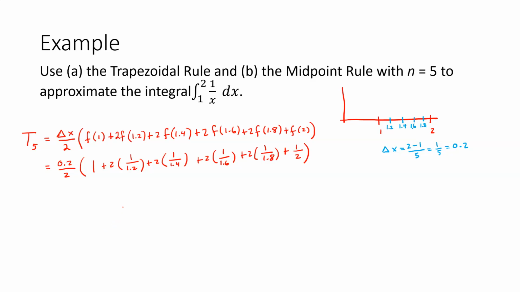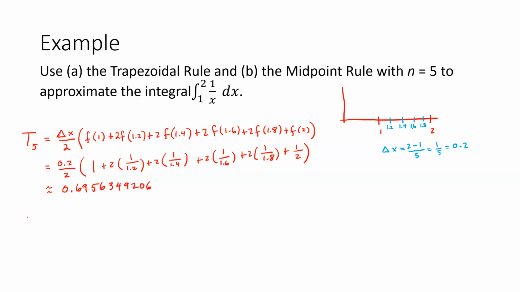Okay. So now it's in a form where we can just evaluate it in our calculator to get an approximate value. So after approximating in my calculator, I get a value of around 0.6956349206. Okay, so I just wrote down all the decimals that my calculator gave me. So this would be the approximation that we get from doing T5, the trapezoidal rule with 5 subintervals.